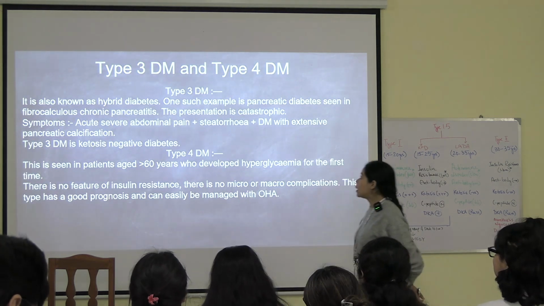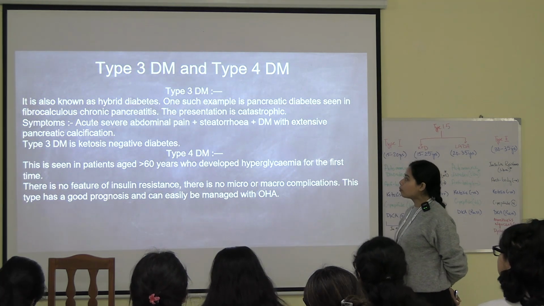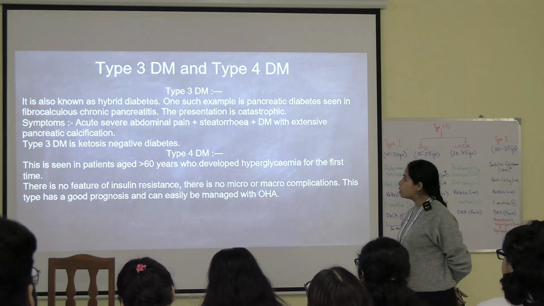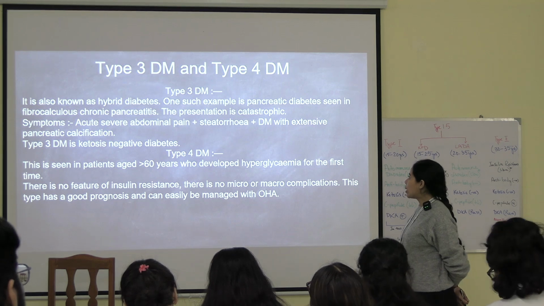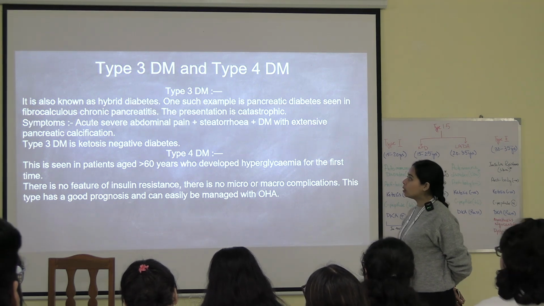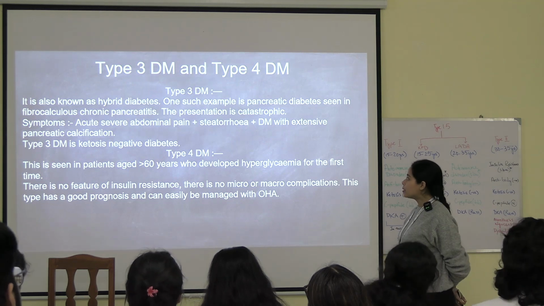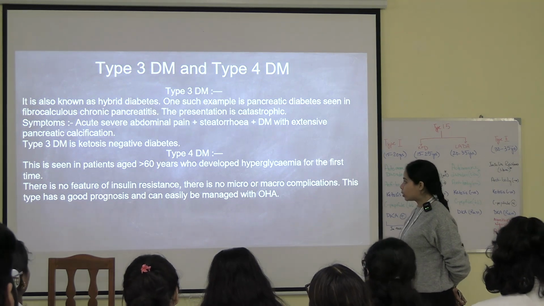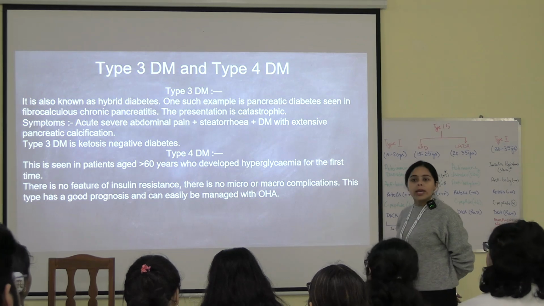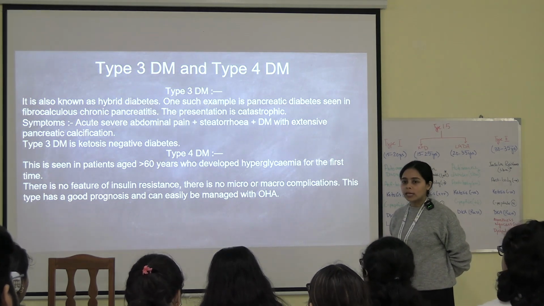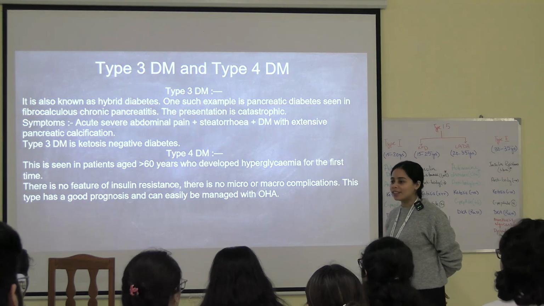So type 3 DM and type 4 DM. Type 3 is also known as hybrid diabetes. One such example is pancreatic diabetes seen in fibrocalculous chronic pancreatitis. The presentation is catastrophic. You know acute pancreatitis, right? Yes, class was taken on that.